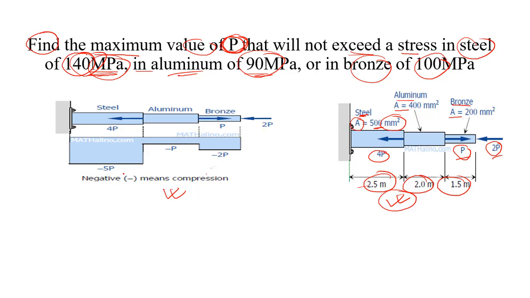Okay, 2P. At first we have to remember that negative, minus, actually means compression, or compressive force. 2P, this direction, 2P is going to the left side.